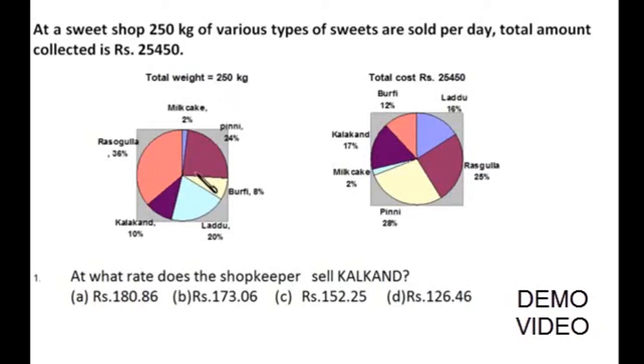That is what this pie diagram is actually conveying, right? Now here the total cost is 25,450 rupees. Now burfi makes up 12% of that, kalakand 17%, milk cake 2%, pinni 28%, rasgulla 25%, and laddu 16%, right?